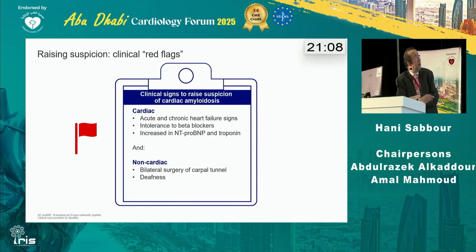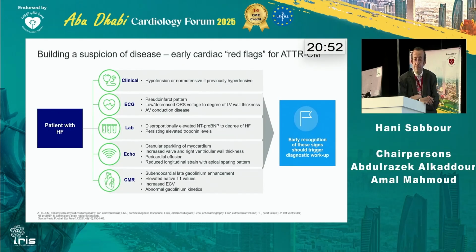So what are the signs here? Acute and chronic heart failure, intolerance to beta blockers, very high NT-proBNP and a troponin in a patient who's not volume overloaded, and carpal tunnel syndrome, bilateral surgery multiple times, or sensorineural hearing loss is another one of the findings. So the red flags, as we mentioned, in a patient with heart failure.